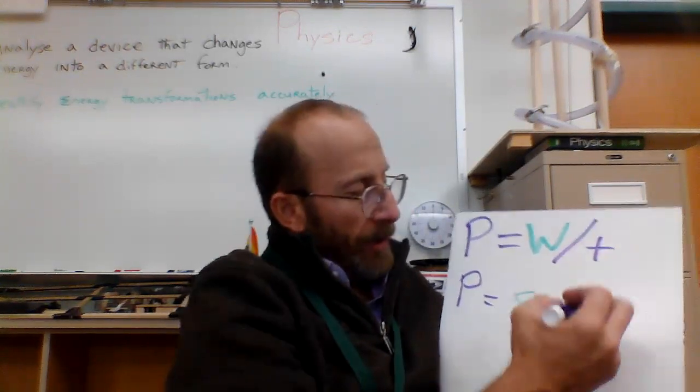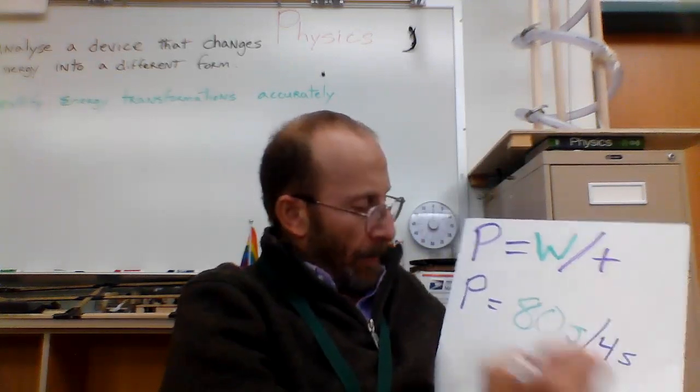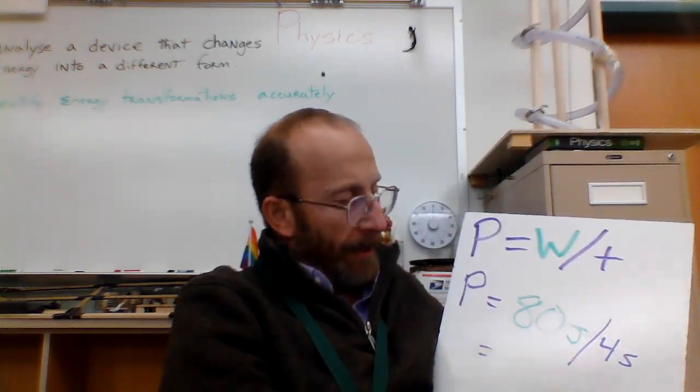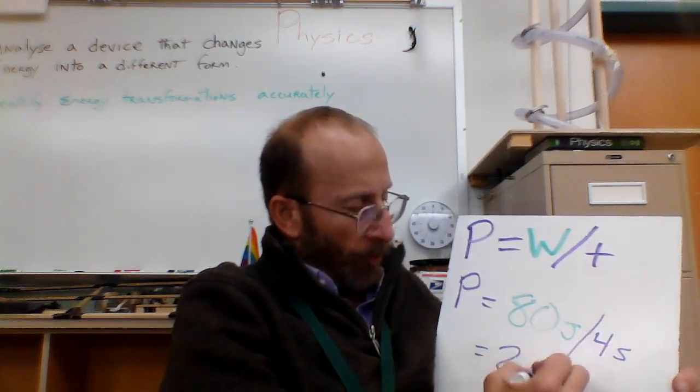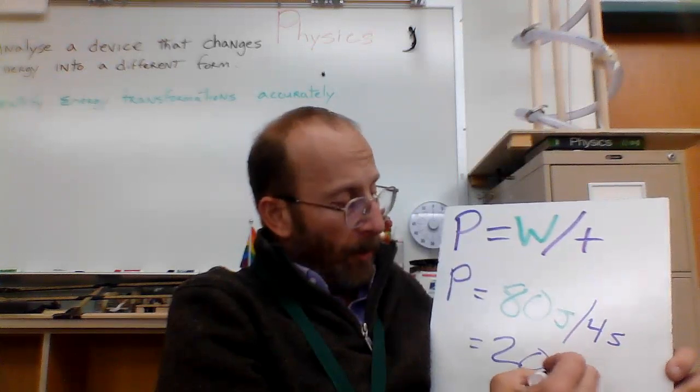Let's say now that that took 4 seconds to do it. So your power then would equal 80 divided by 4, super easy math in my example here, 20. The units for power are watts.